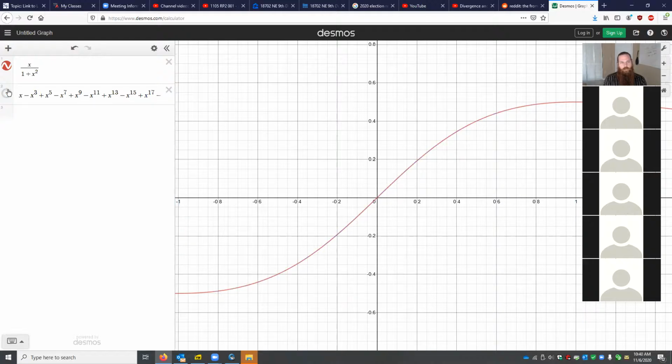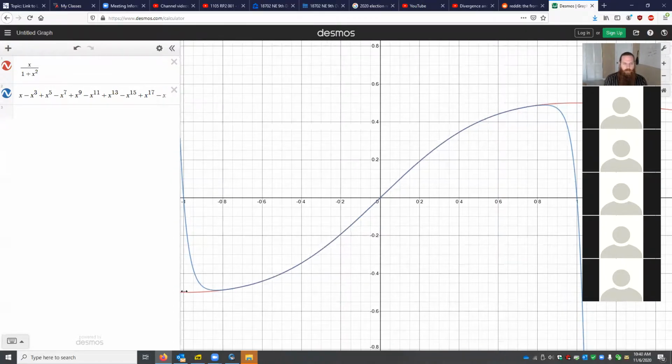This blue series is doing a really good job of sticking on the red graph as long as we stay between -1 and 1. And again, at the endpoint here, at -1, we're kind of losing the function, right? The red goes down here, but the blue goes up here. And at the right endpoint, the red goes up here, but the blue goes down here. So probably it's the open interval from -1 to 1, just like the last example.